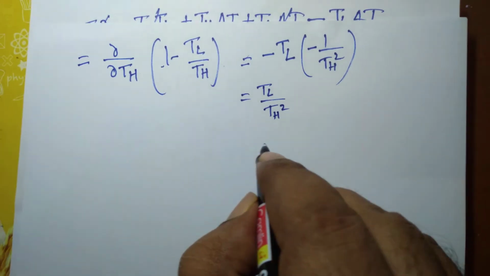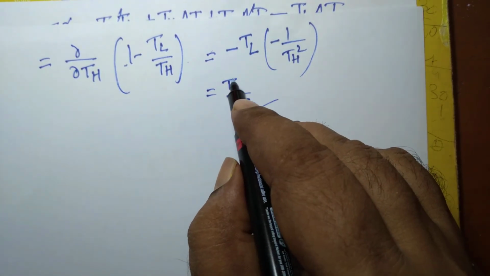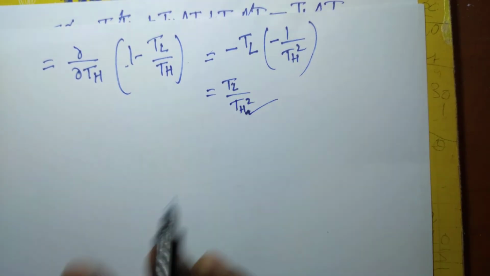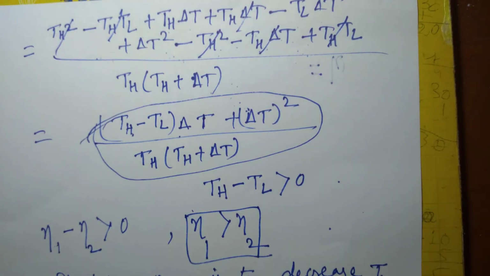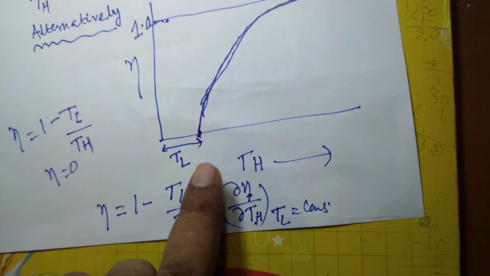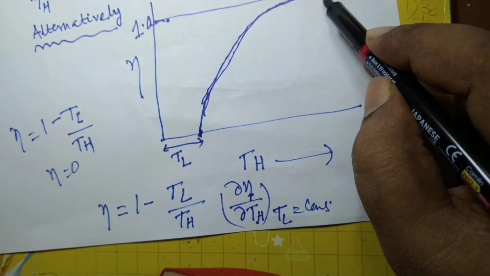Obviously when source temperature increases, this whole term TL by TH square decreases. So with increase in source temperature, the slope of this curve decreases.